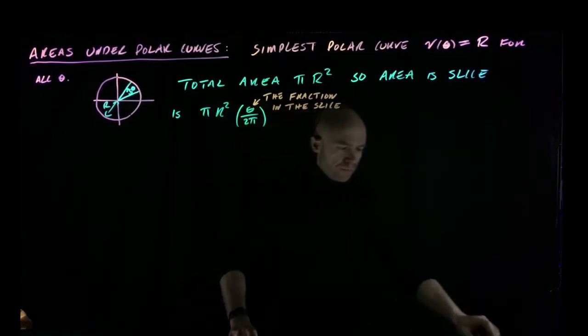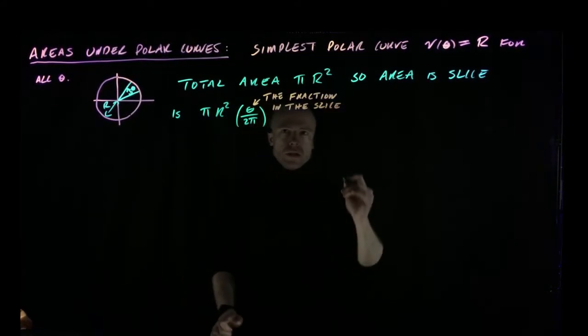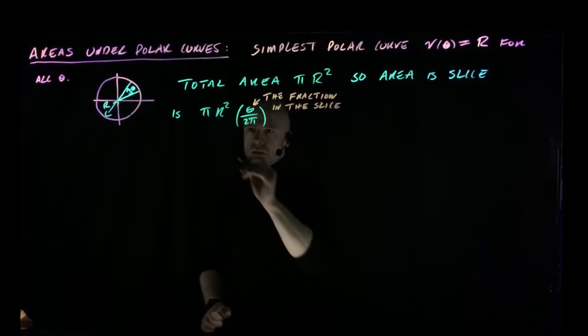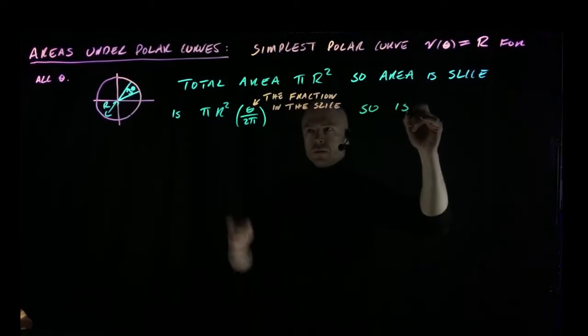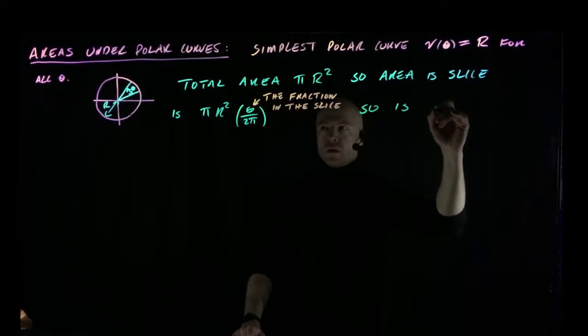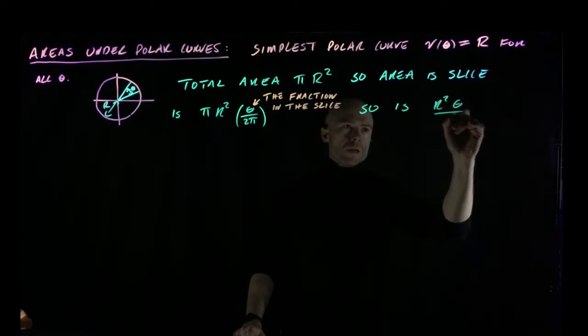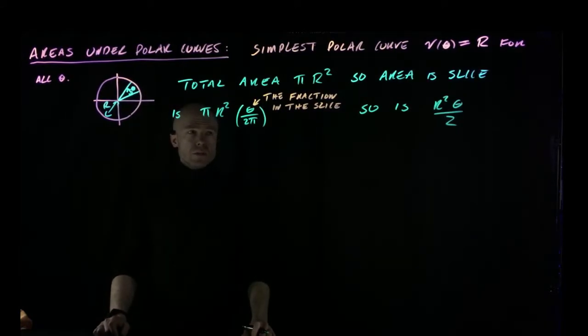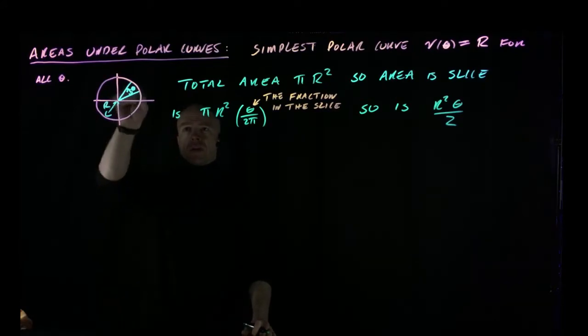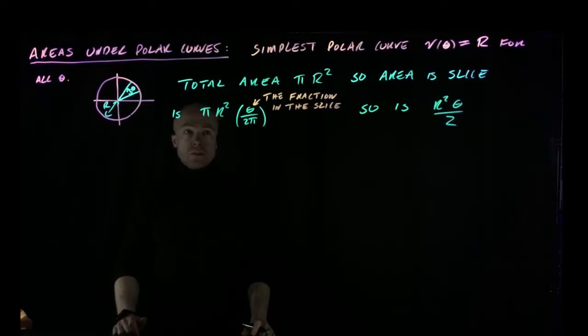Cool. That obviously is the same as what happens when we divide through by pi. So this is how much area we have in this slice, right? Cool. So if we have a very simple polar curve, we can figure out how much area there is in any slice just in this way.